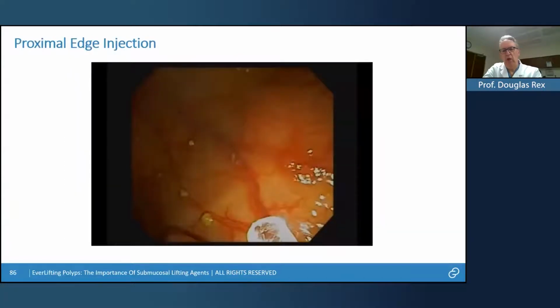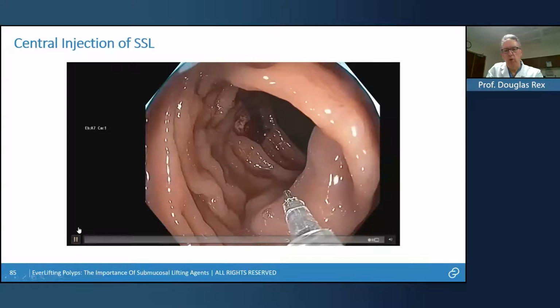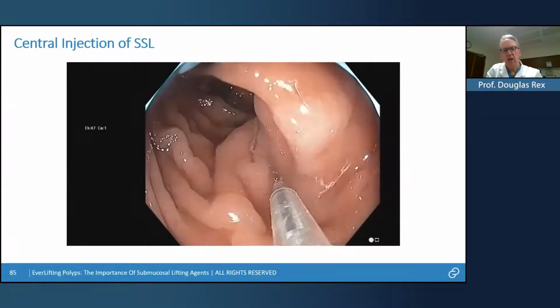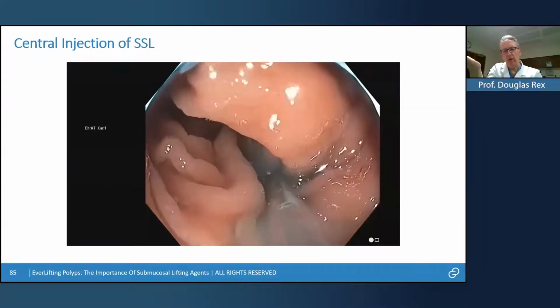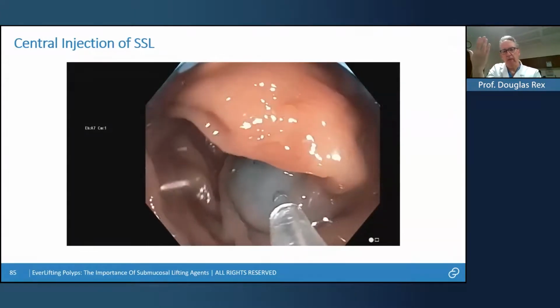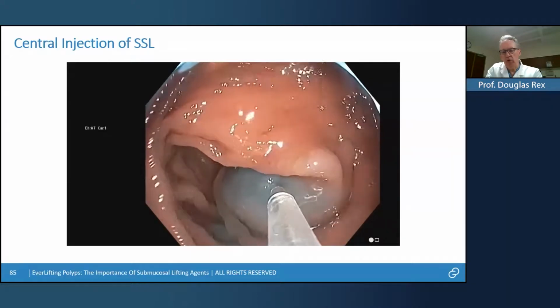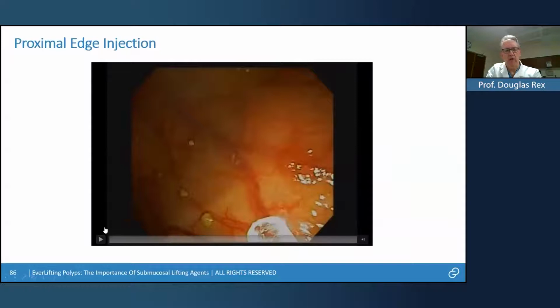Serrated lesions, if we're going to inject those, are almost always best injected through the lesion because they tend not to be enormous. A lot of times I like to inject them on the cecal side, a little bit on the cecal half, in order to tip it toward me. This approach is generally best for smaller lesions and for serrated lesions.